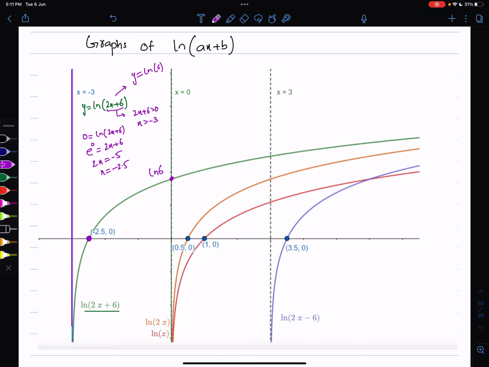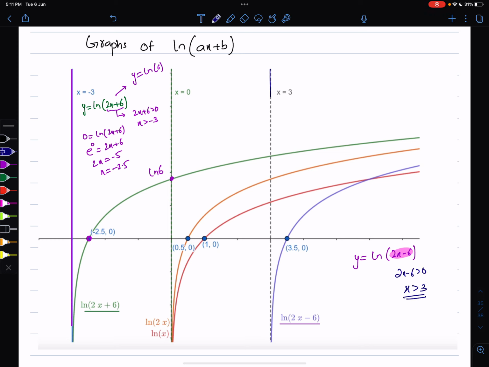Let's do one more example. Let's consider the graph of ln(2x minus 6). To sketch this graph, first we need to figure out where the asymptote line is going to be. Log is defined for a positive value, therefore 2x minus 6 must be greater than 0, so x must be greater than 3. So the vertical line is going to be at 3, which means you are going to start sketching the graph after 3.